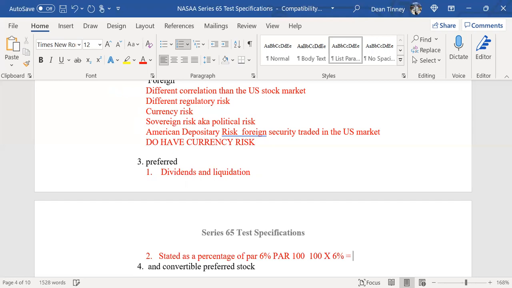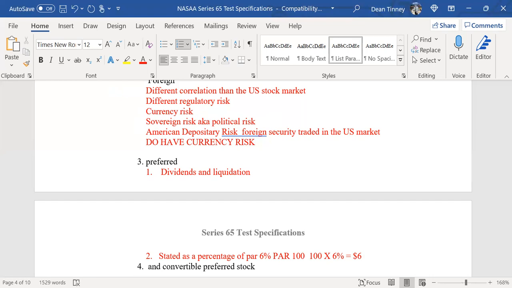And that means we could expect to get $6 annually per share. It wouldn't be paid to me annually, it would be paid quarterly. So if I bought 100 shares of this in my customer's portfolio, 6% is $6, 600 shares. So $600, I would expect $150, 600 divided by the quarters. Because stocks, they pay quarterly.